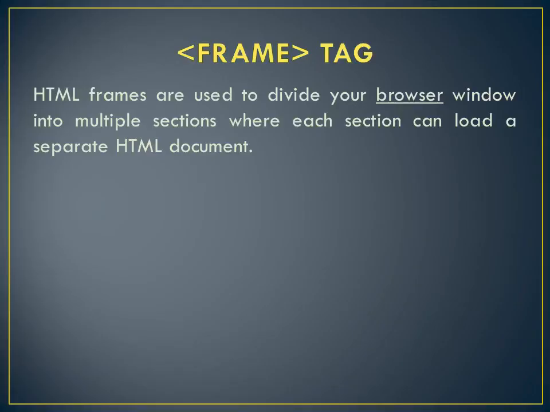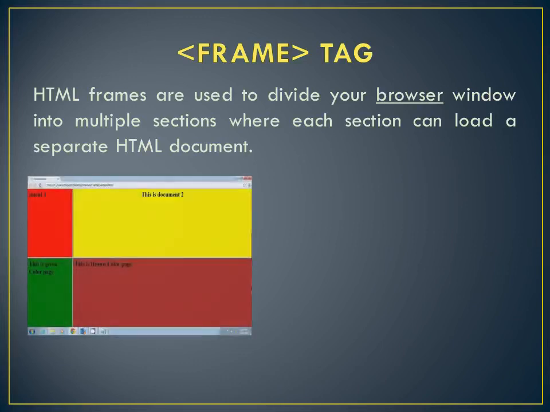HTML frames are used to divide your browser window into multiple sections where each section can load a separate HTML document. Let's have an example. In this figure, you can see that this window is divided into four sections.